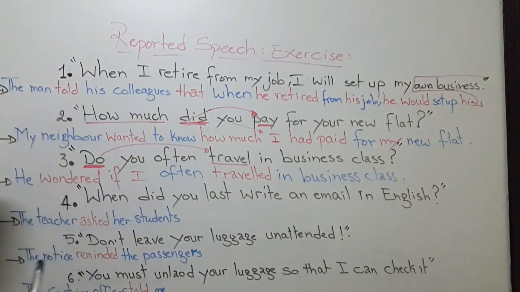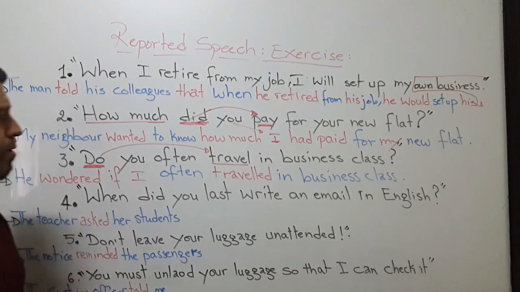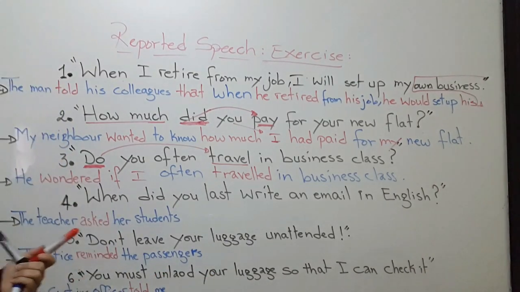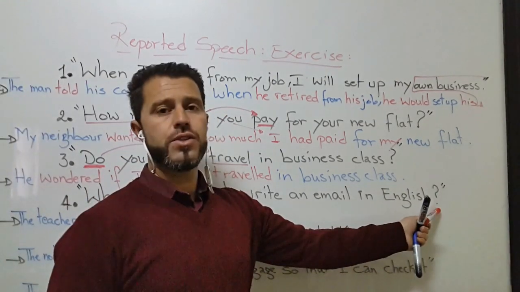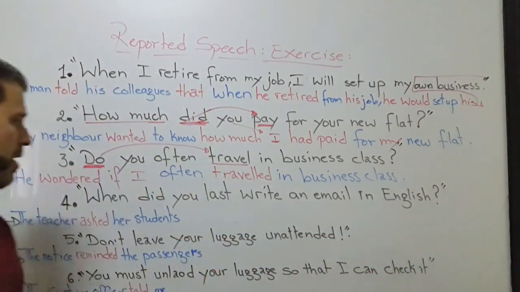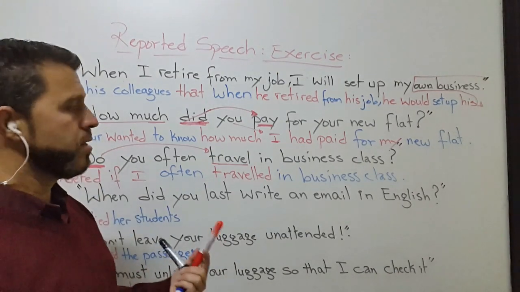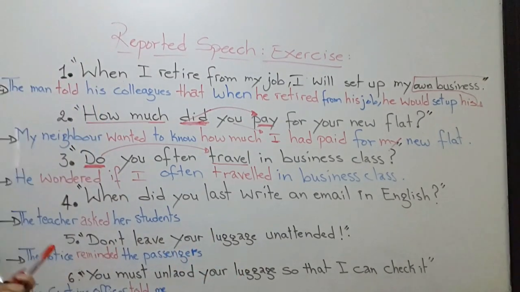Good. Okay. Let's see number 4. The fourth sentence: When did you last write an email in English? Okay, it's a question. What kind of question or what type of question is it? Yes, no, or WH? Let's see first. So we have when. So it is a WH question.